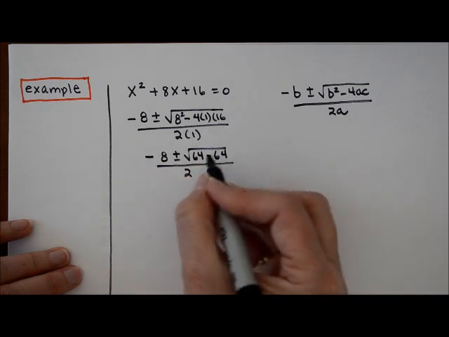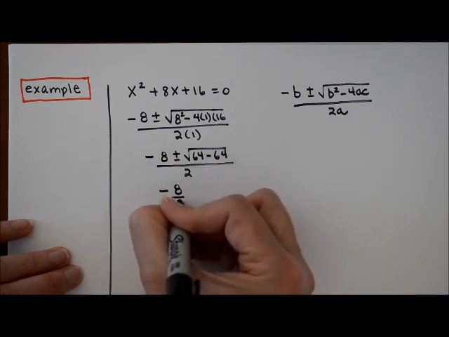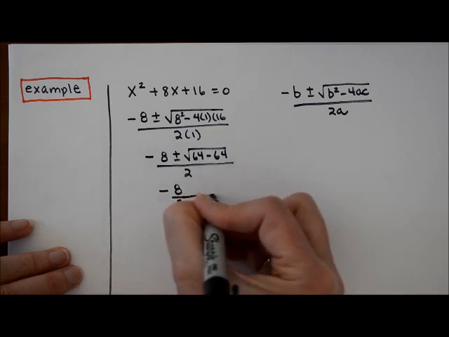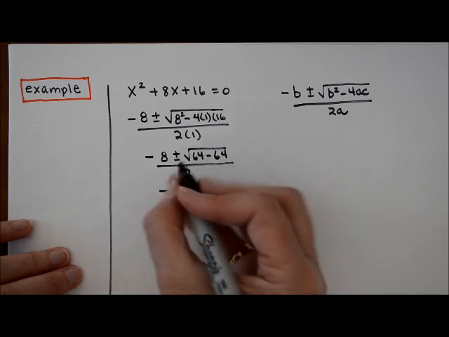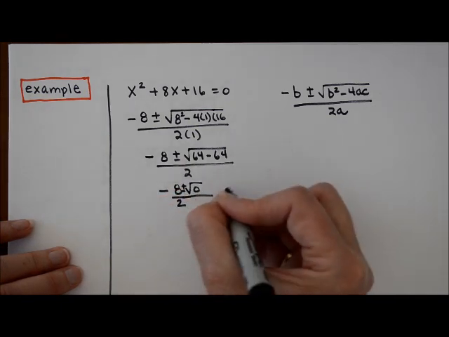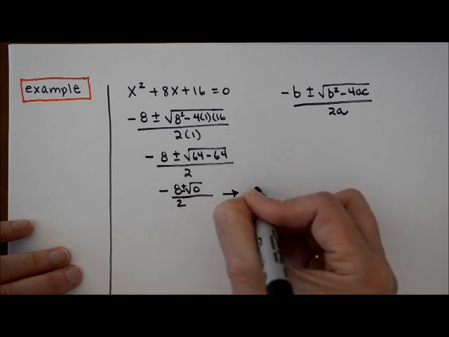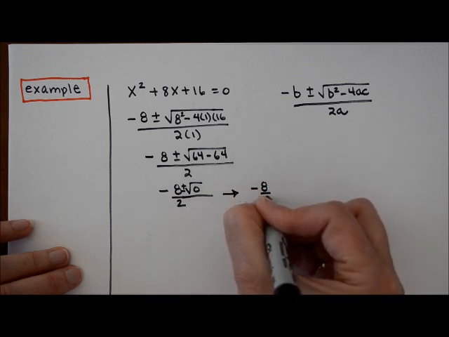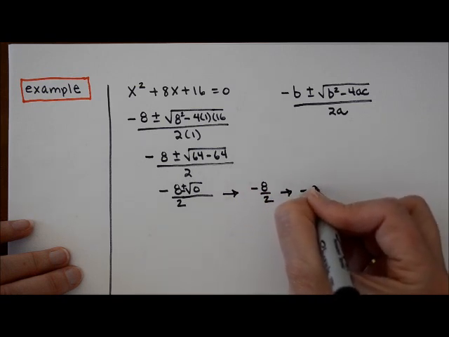Well, 64 minus 64 is 0, right? I'll show that to you. Square root of 0, oops, sorry, forgot my plus or minus, which is very important there, is 0. So what I really end up with then is negative 8 over 2, which is negative 4.